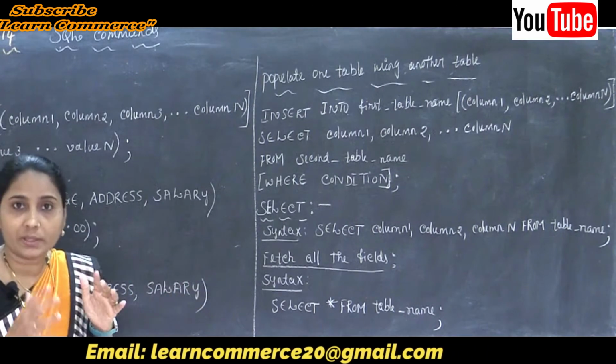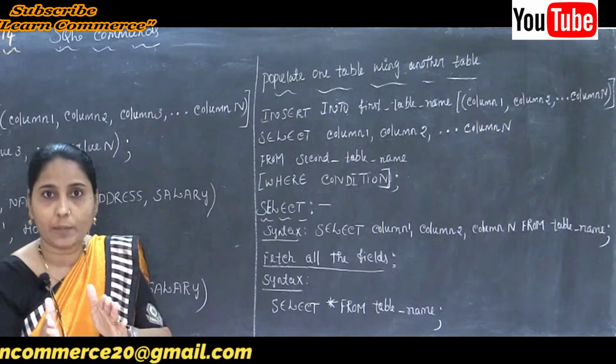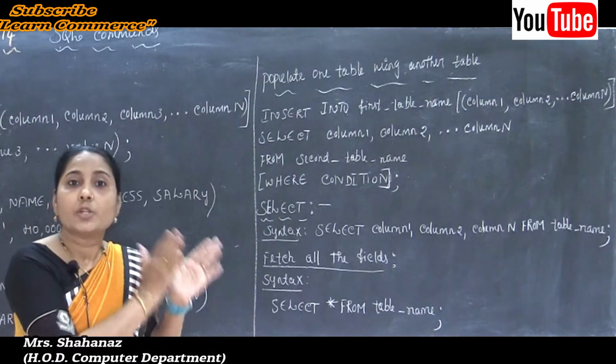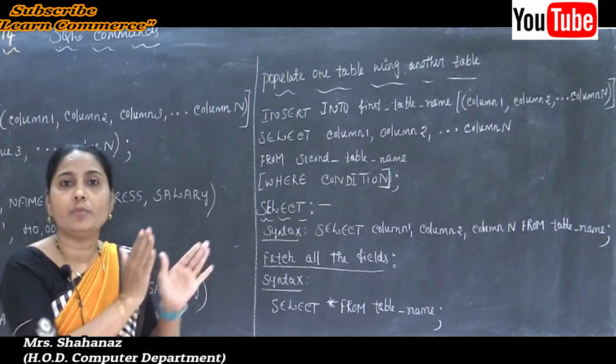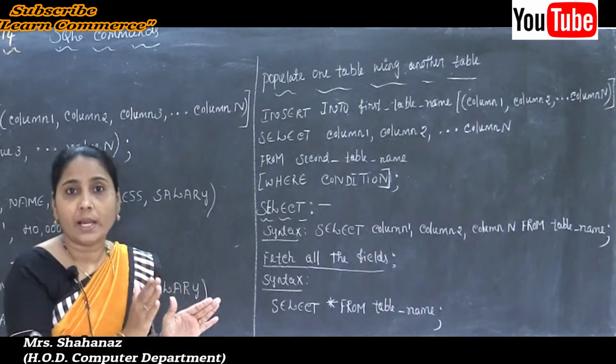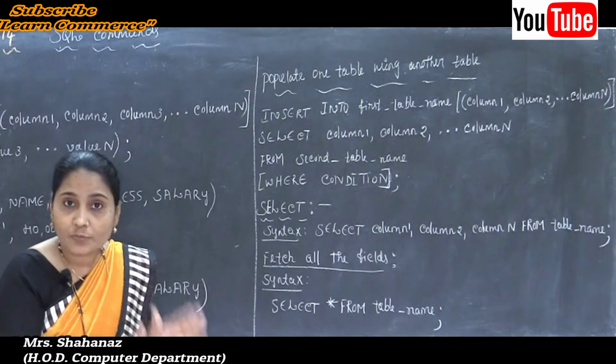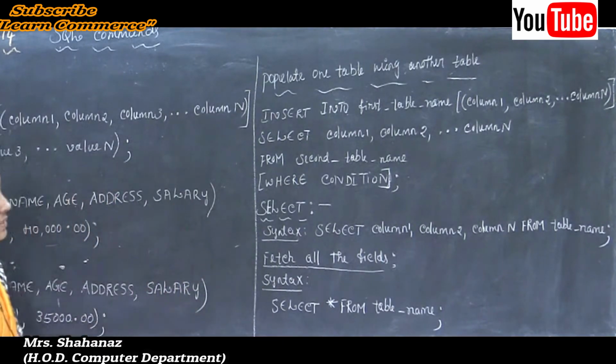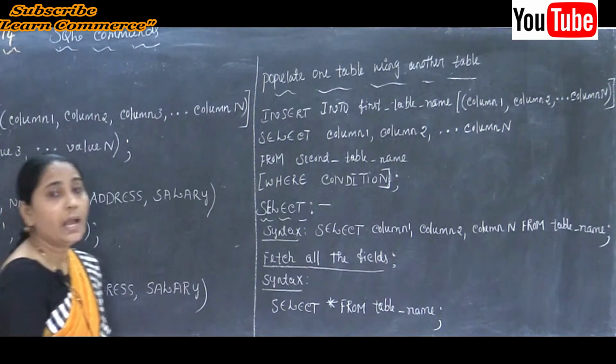That means whatever data is in the second table, I am using such data in the first table. Populate in simple meaning is addition, adding some data from the second table to the first table. Now first of all let's see the syntax, and later I am going to explain all about populating one table using another table.